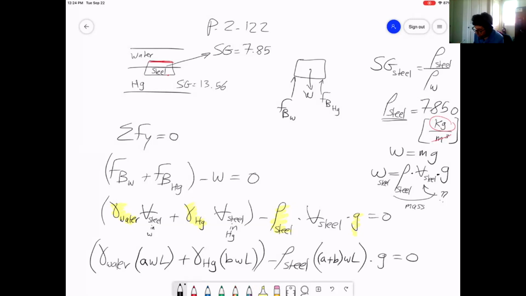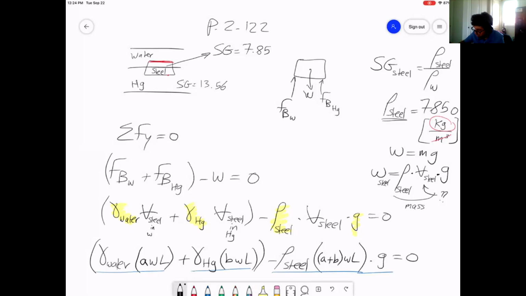Now what do we see in this one? We have three terms: the first, second, and third. What do they have in common? WL, and also G if you want. Yes, that is a good observation. They do have G in common, all of them.